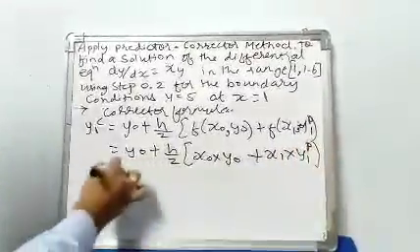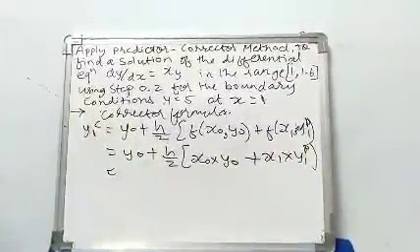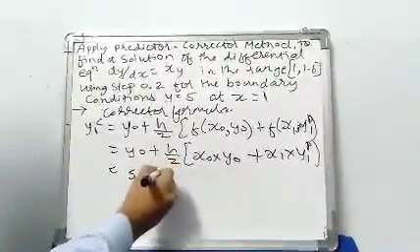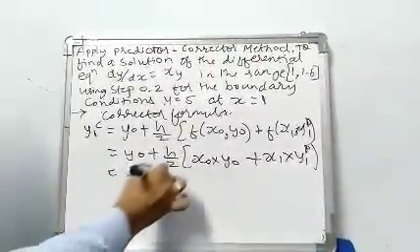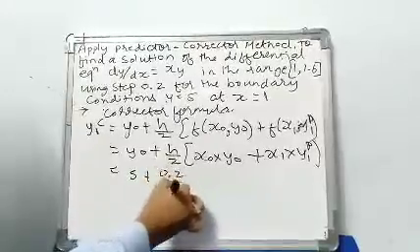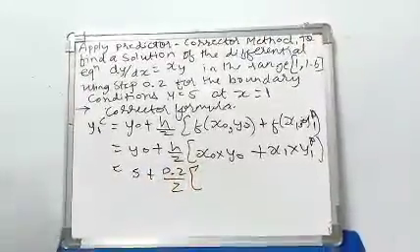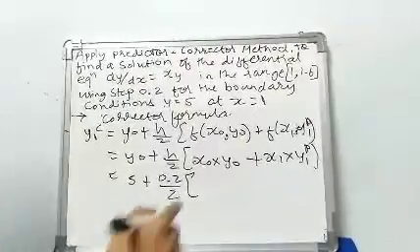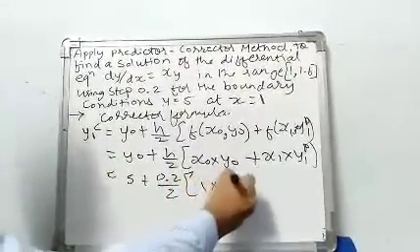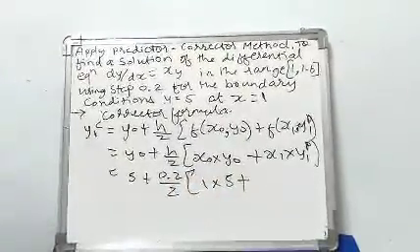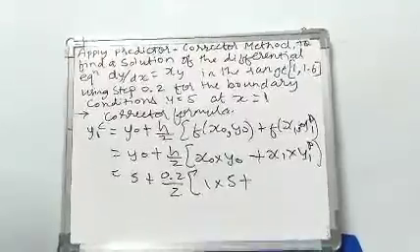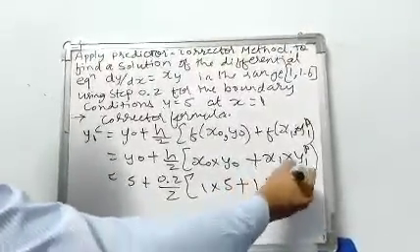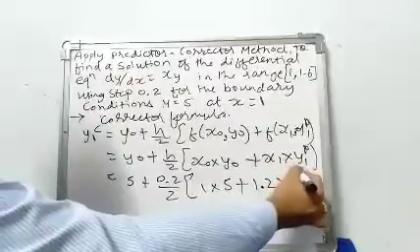So the values: 5 plus 0.2 by 2 times x0, which is 1, into 5, plus x1. What is the value of x1 that we got? That is 1.2, and y1p is 6.